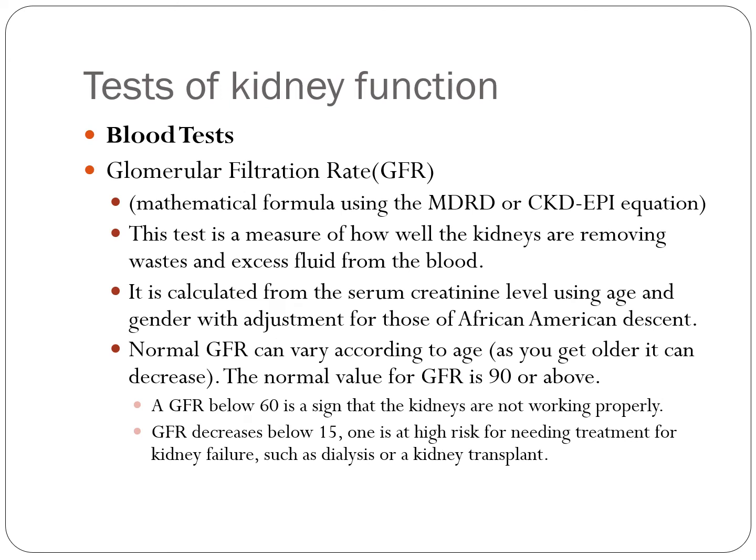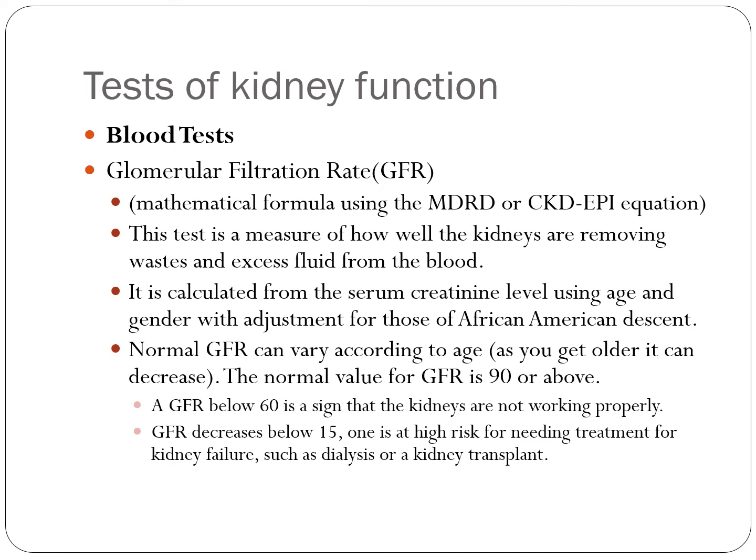Glomerular filtration rate. This test is a measure of how well the kidneys are removing waste and excess fluid from the blood. It is calculated from the serum creatinine level using age and gender, with an adjustment for those of African American descent. The normal GFR can vary according to age.